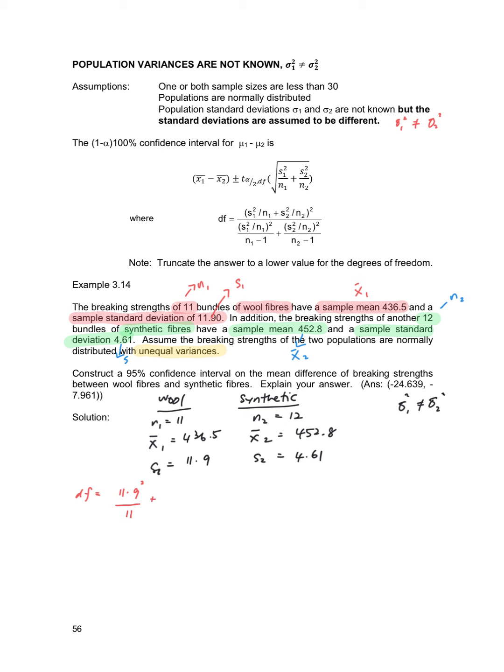Then divide by 11.9 squared over 11, squared, over 1 minus 1 is 10, plus 4.61 squared over 12, squared, over 2 minus 1 is 11.